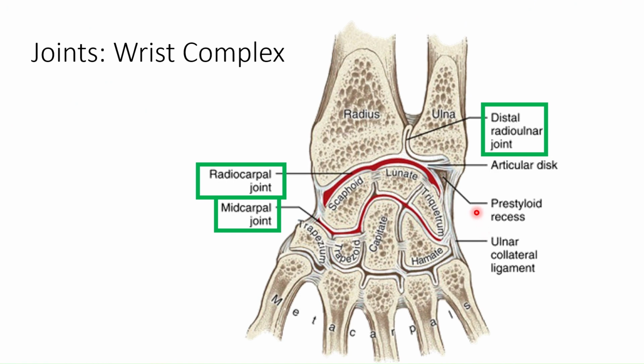The wrist complex is very flexible because of the synovial joint between the forearm bones and the carpal bones.